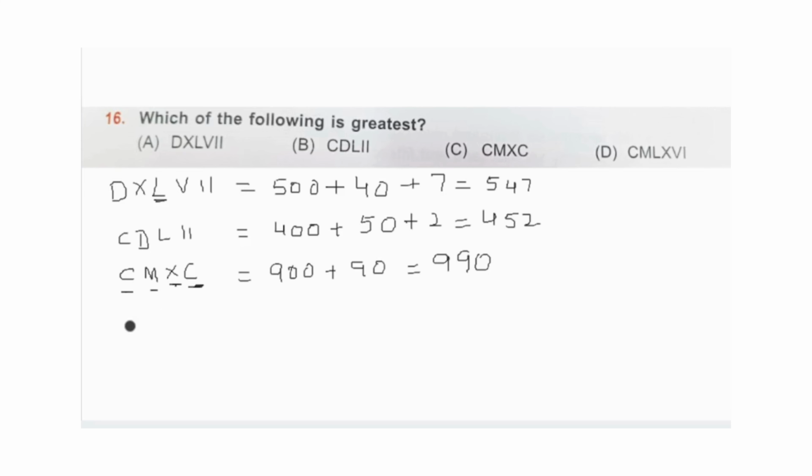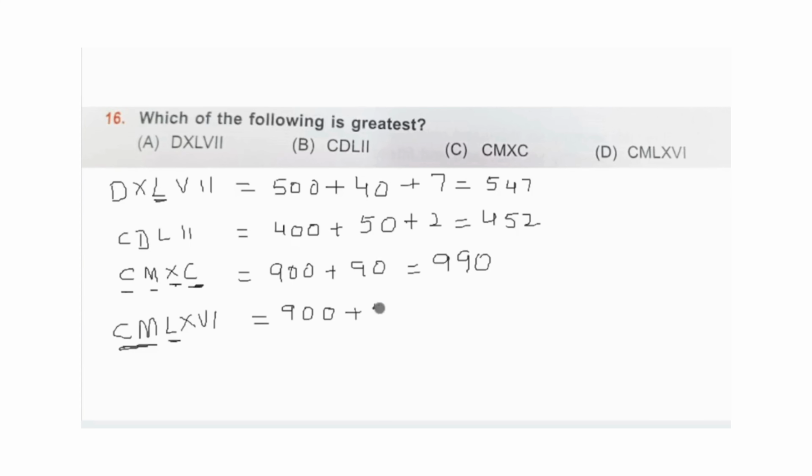Now let's see the final option, which is C M L X V I. So here we know that M is 1000, C is 100. So since C is before 1000, let's write 1000 minus 100, which is 900, plus L is 50.